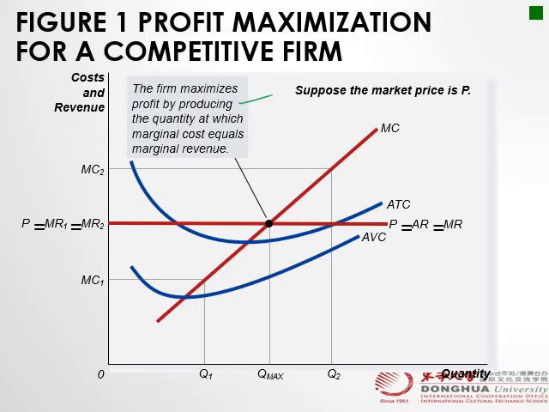So this is the price, right? And at this our cost will be minimum, right? If you look here, this is also an intersection, right?